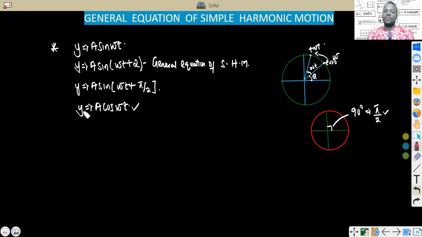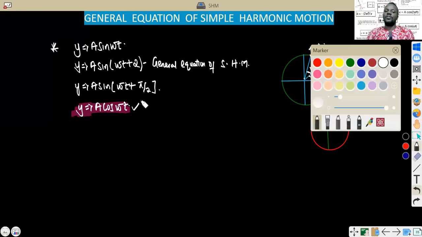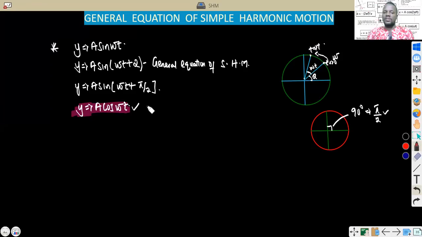This particular formula here, like yesterday, is the equation we use for a body that is not starting from what? From initial position. So when a body is exhibiting simple harmonic motion and it is not starting from the initial position, this is the equation we use. So keep this at the back of your mind. It is very, very important. Whereas this is the general equation.